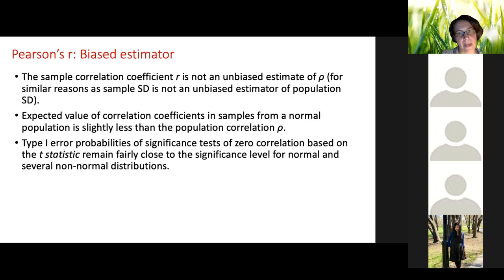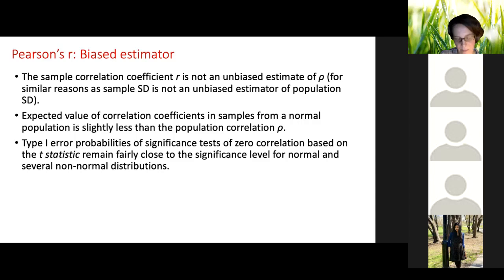It can be shown that the expected value of the correlation coefficient in samples from a normal population is slightly less than the population correlation. So we have a slight underestimation of the true population parameter.